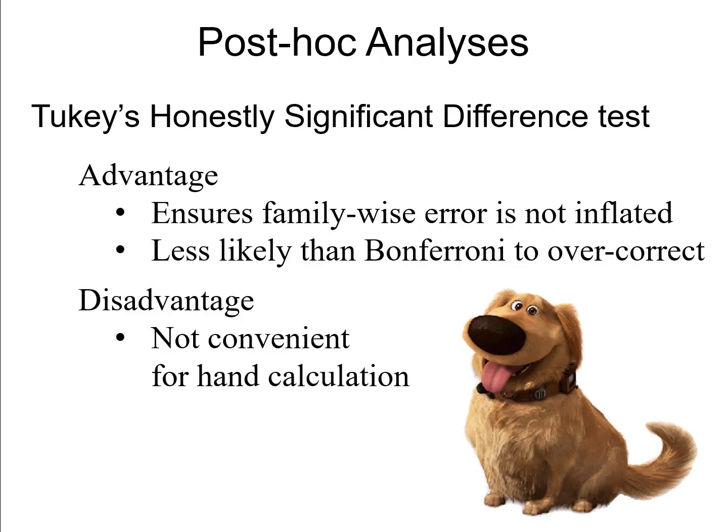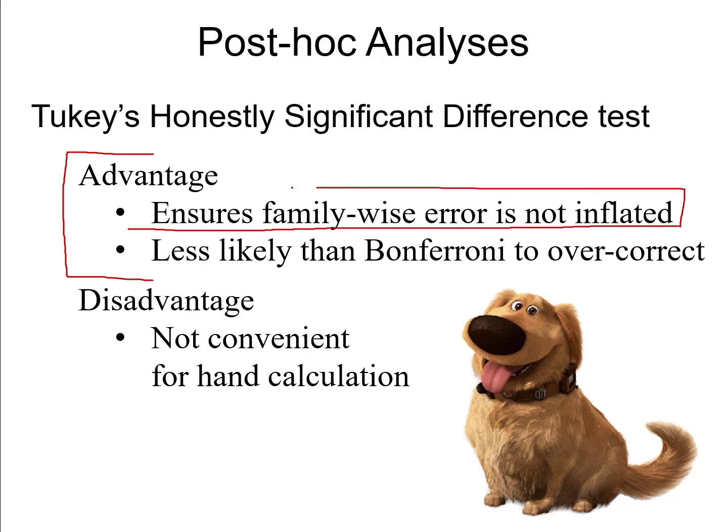A Tukey test has a couple key advantages. One advantage is that, like the Bonferroni, it will ensure that your family-wise error rate is not inflated. Both with the Bonferroni and with the Tukey test, if you use these procedures, you can be confident that your family-wise error rate will not exceed 5%. And unlike the Bonferroni, the Tukey test is less likely to overcorrect.